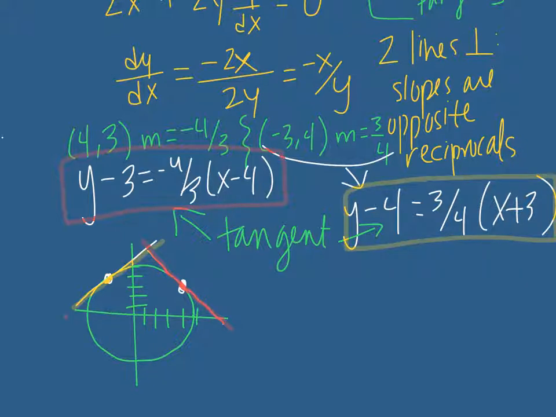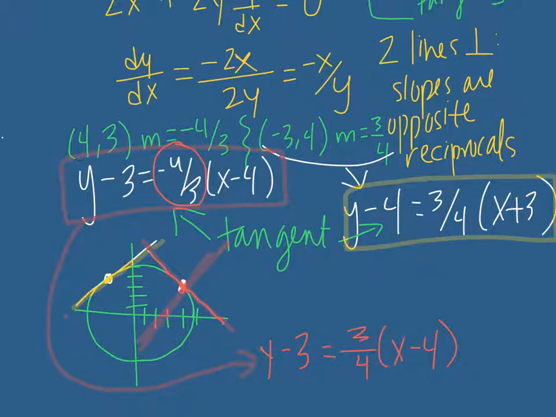Now, when it asked about the normal line, that is literally the same equation except a different slope. So this red one is talking about this line right here that I just drew with the highlighter, that perpendicular line. So I take that equation right there, and I'm going to keep the same y minus 3, and it's still going to have x minus 4, but the difference is the slope is going to be positive 3/4 now, because I'm going to reciprocate this slope up here that I just circled.